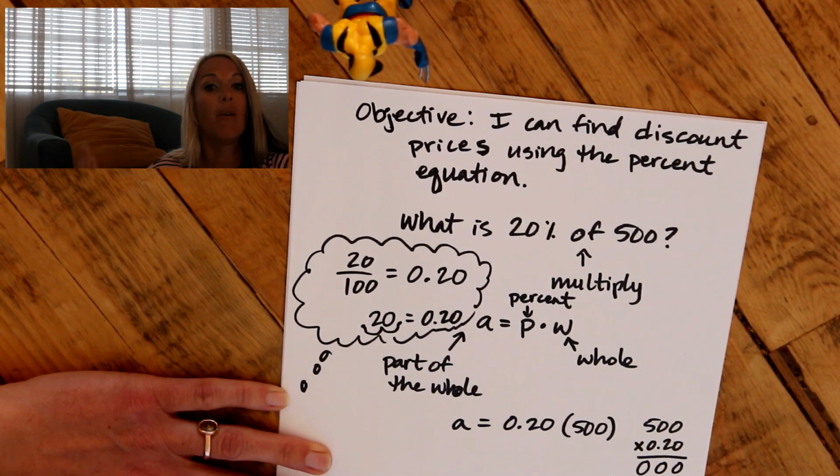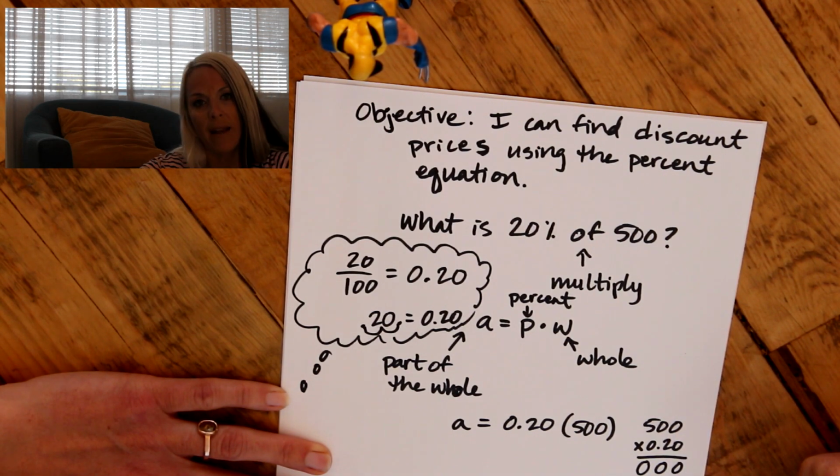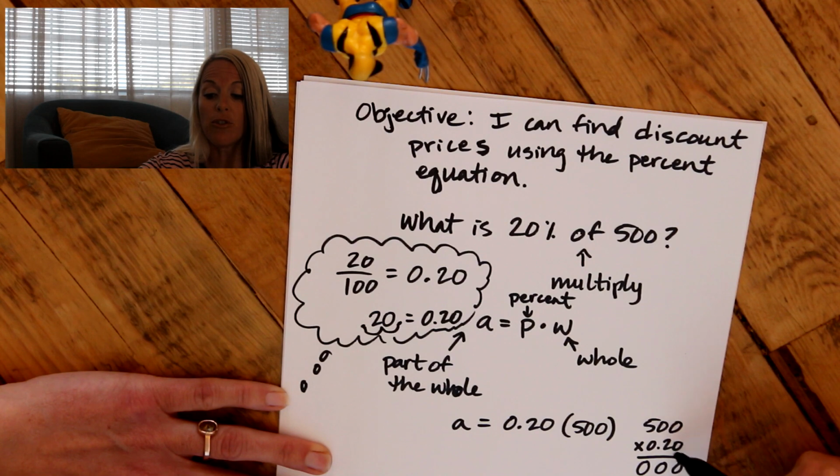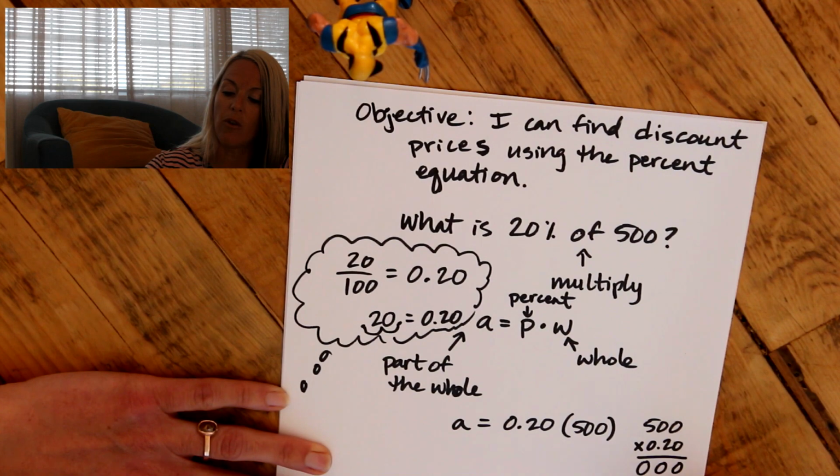But now we need to count how many places behind the decimal are in my answer. There's 2 place values behind the decimal in the problem. I count 1, 2, so there's going to be 2 in my answer. So I'm going to take that invisible decimal that lives here, move it over twice, put it right there.